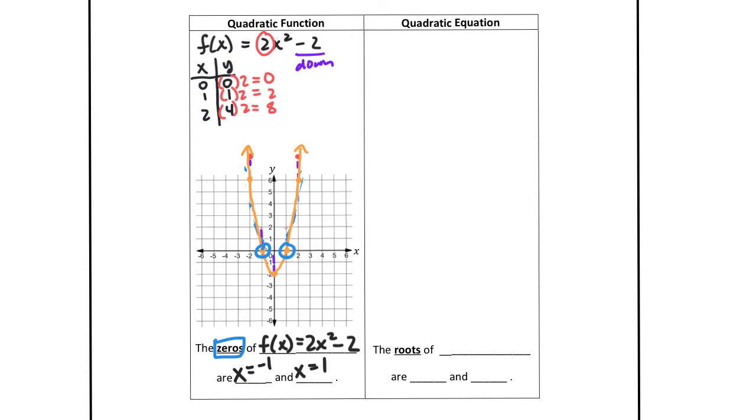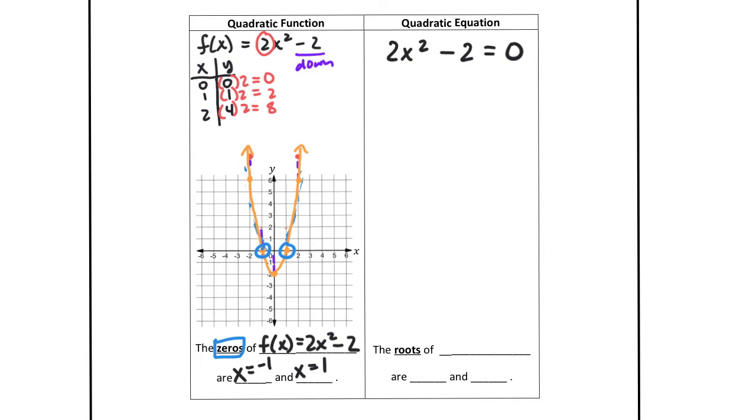Alright, so now let's go to the right side, the quadratic equation. If I take the function, so I'm going to copy the function over here, 2x squared minus 2. If I take that function and I set it equal to 0, and I solve like we've been doing in the past lesson, I should get the same answers. So let's check.